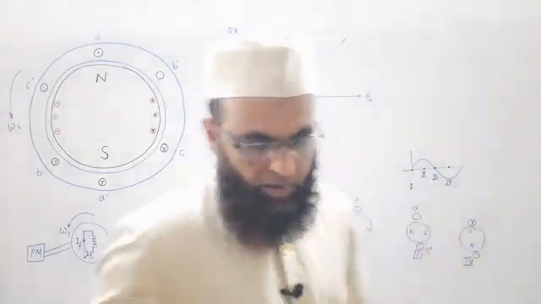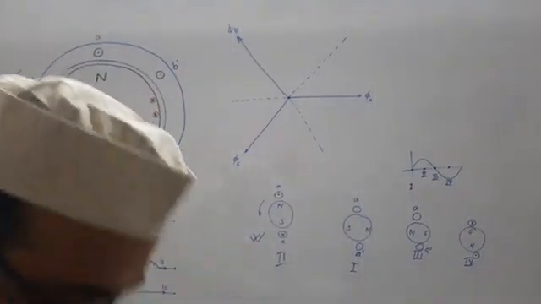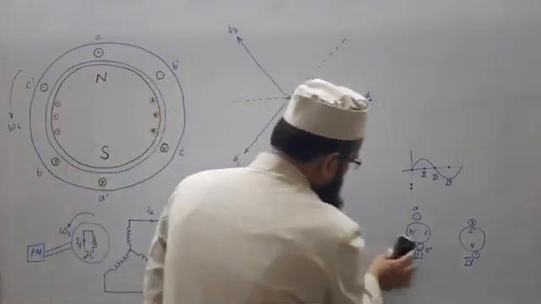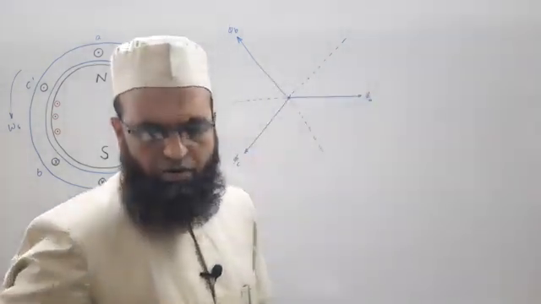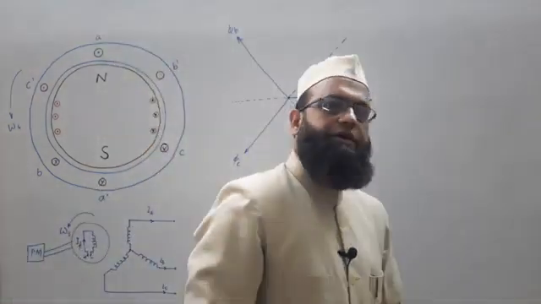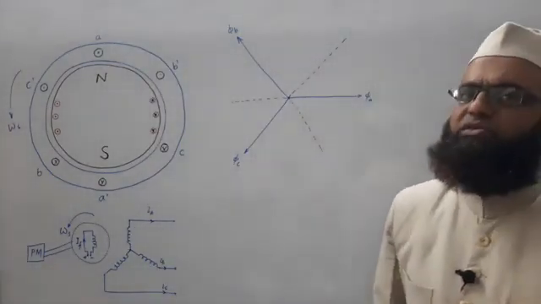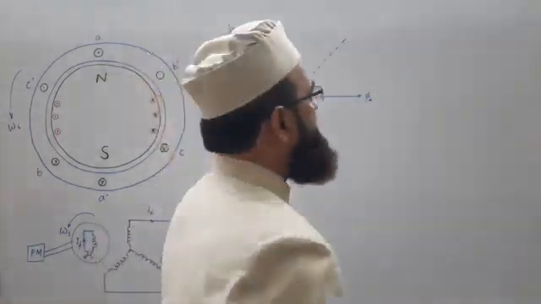Now, before starting armature reaction, let us discuss, or rather recall, the concept of phasor. Everyone might have studied the phasor diagram in the first year of your graduation. So quickly we will brush up our concept, what it means by phasor.